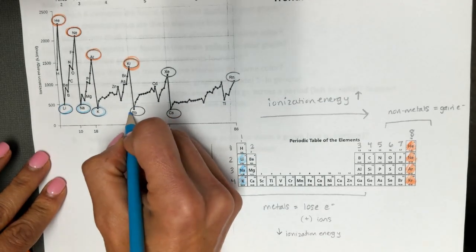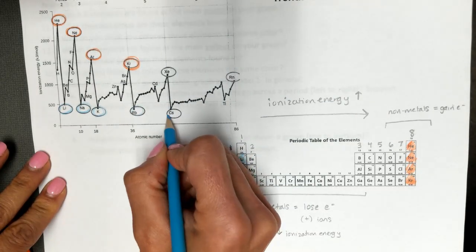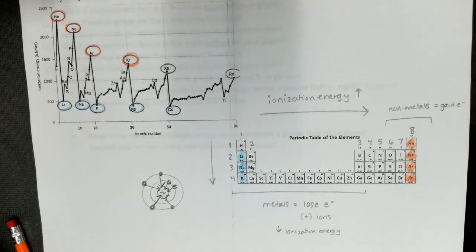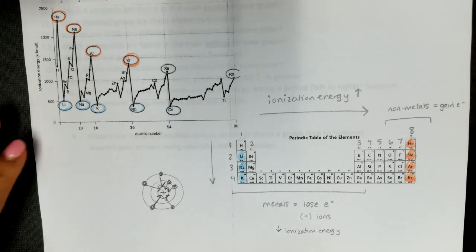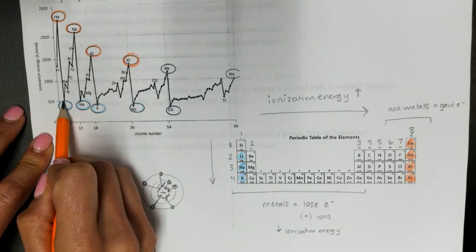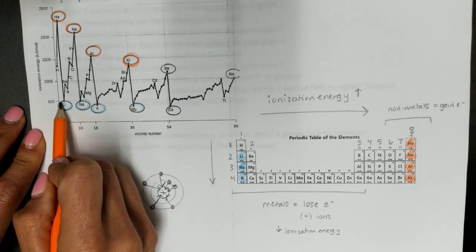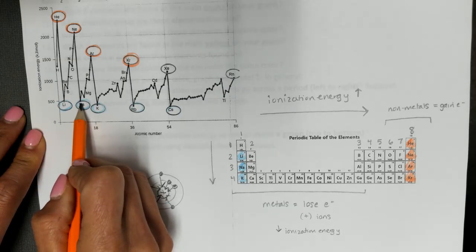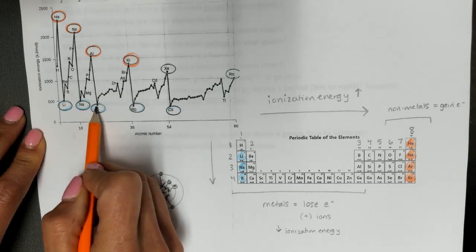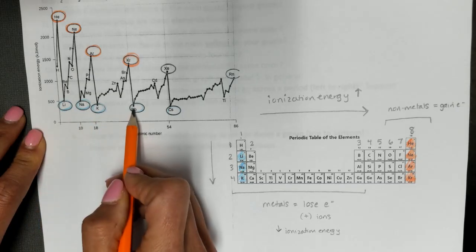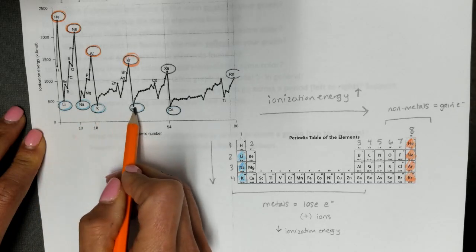So if we look at their ionization energies, and I know that it's not a drastic change, but we can see that lithium is at 500. Sodium, it looks to be a little bit lower. Potassium, it's lower than 500. Rubidium, it's still lower than 500.